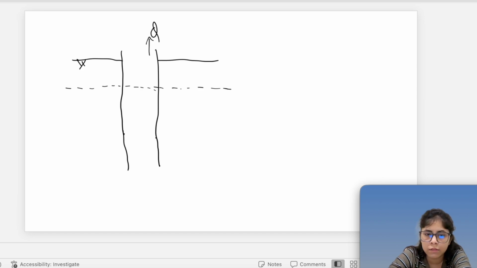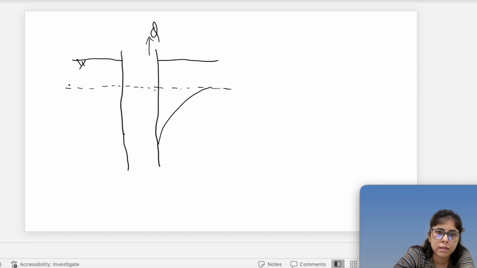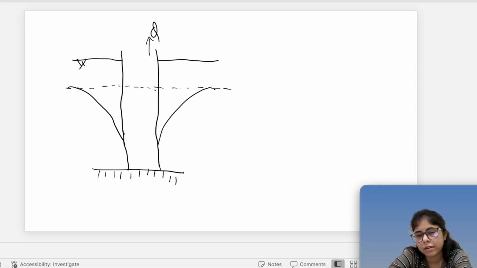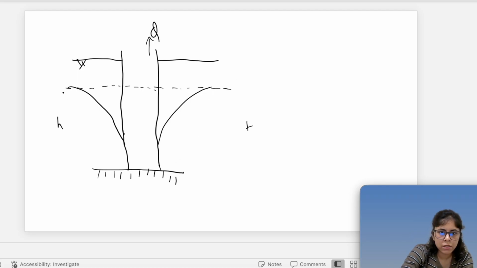So we have something like this, and let's say this is the bottom of the well. This is the total height. This is the water table, and now the water table is this in the well.